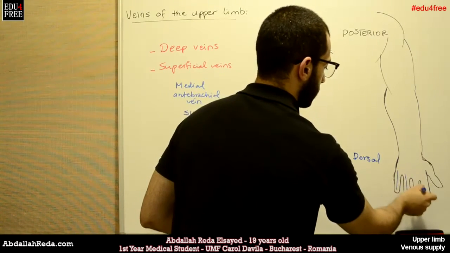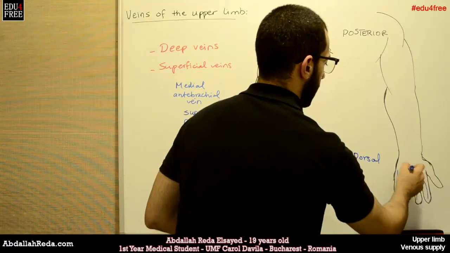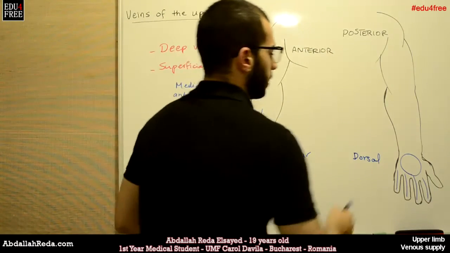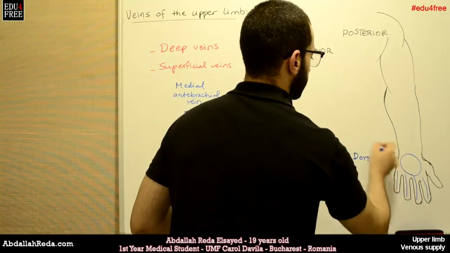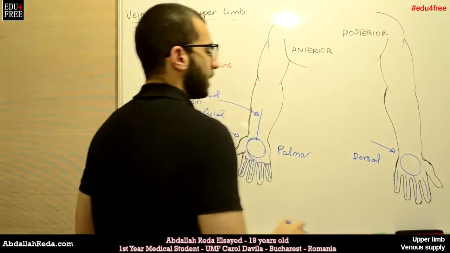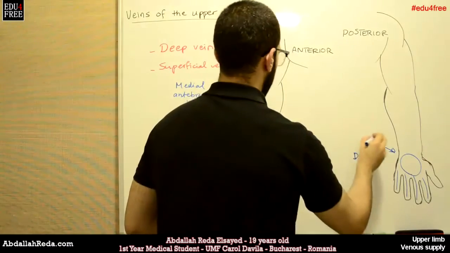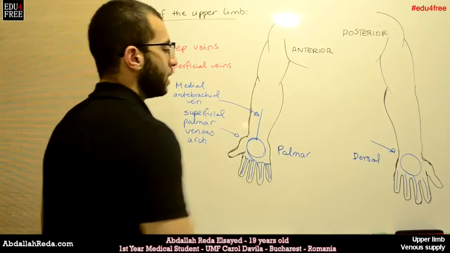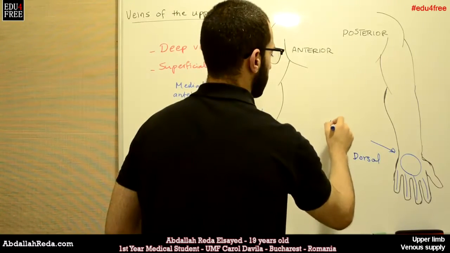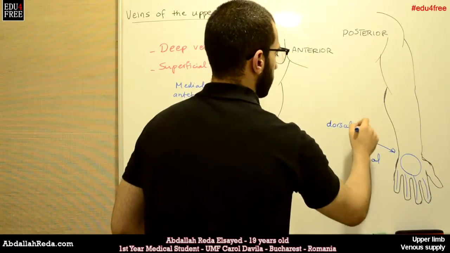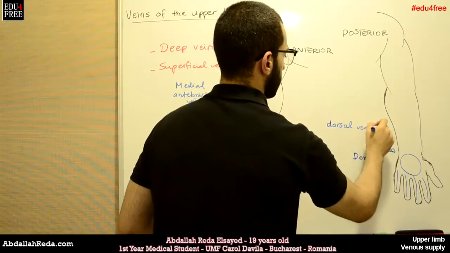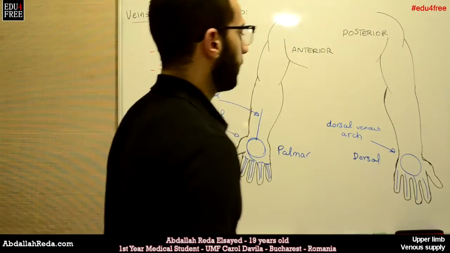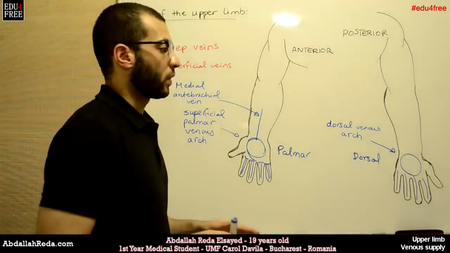We'll have the veins also ascending like this, and at the level of the dorsal side of the hand, here they form a corresponding arch, which is the dorsal venous arch.